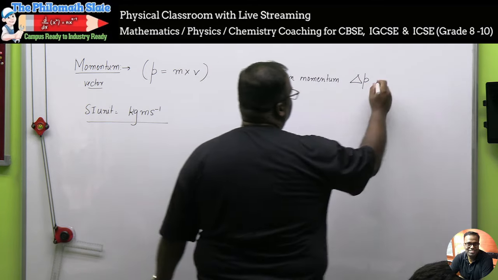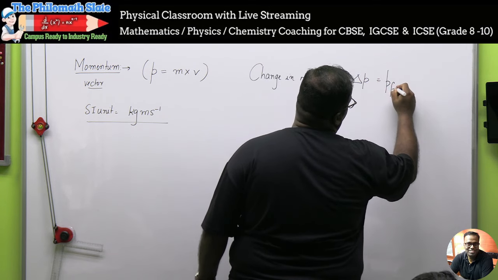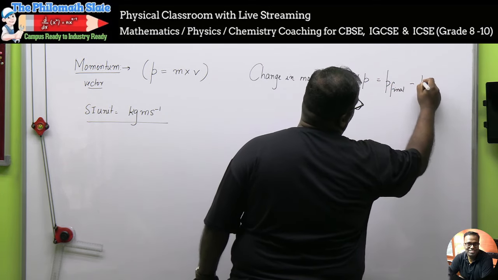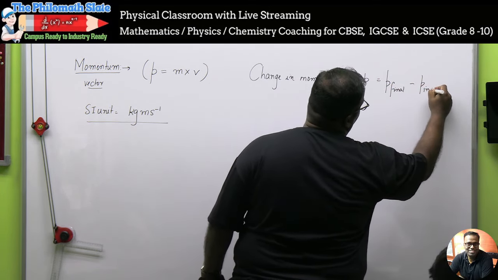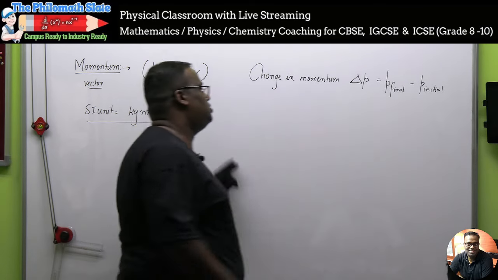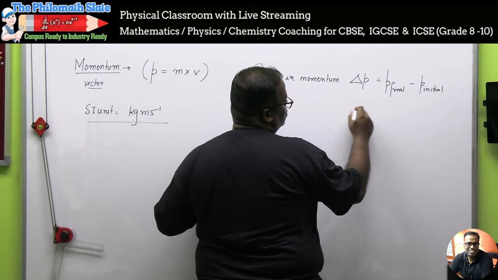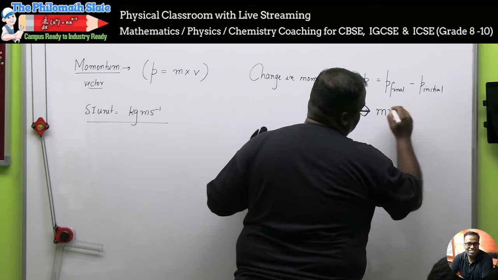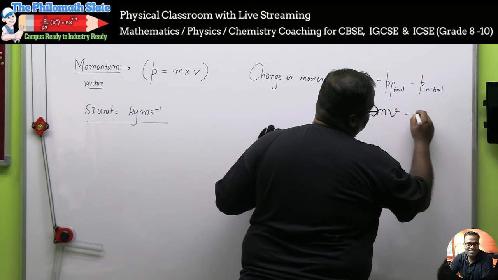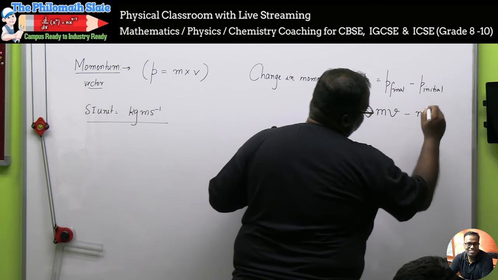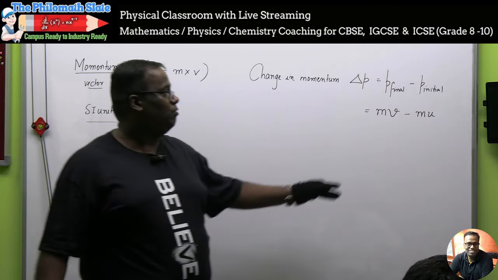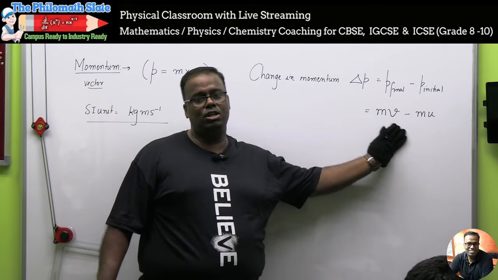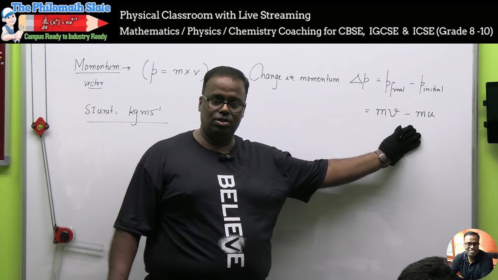So change in momentum should be equal to final momentum minus initial momentum. Clear? Okay. So if we look at this change in momentum carefully, we can write it as m into v, where v is final velocity, minus m into u. Final momentum is mv, initial momentum is mu, u is initial velocity.